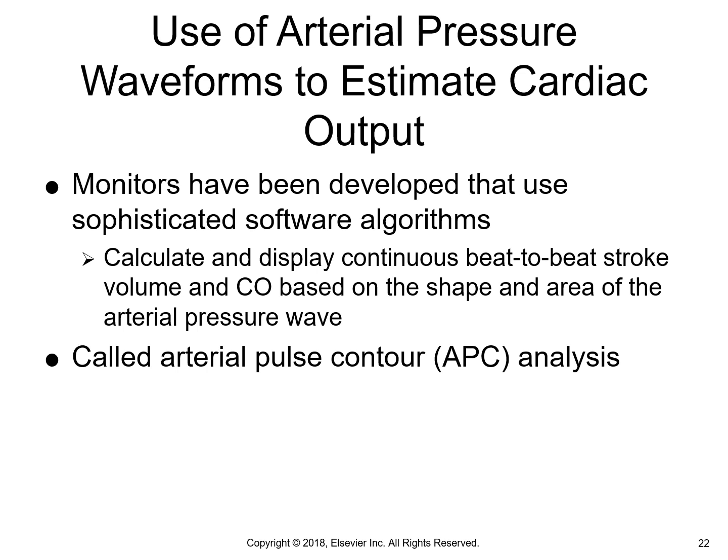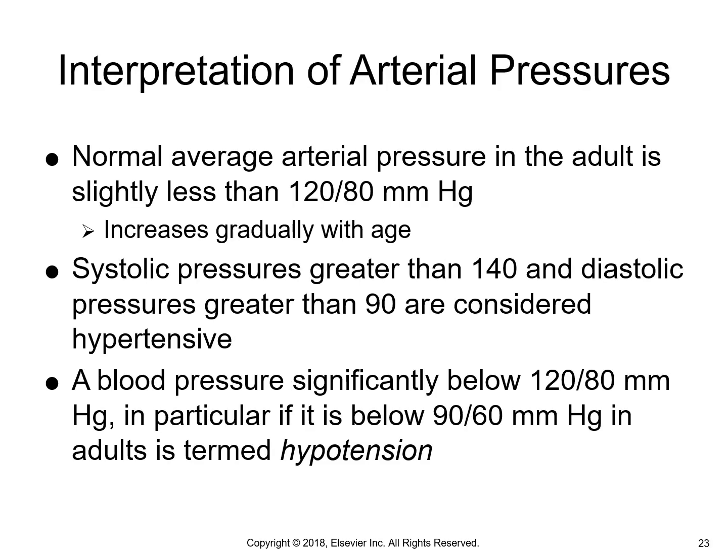All right, looking more at the blood pressure. Our normal blood pressure is considered 120/80. This can increase gradually with age. If you are greater than 140 systolic and 90 diastolic, you're considered to have hypertension, or you're hypertensive.